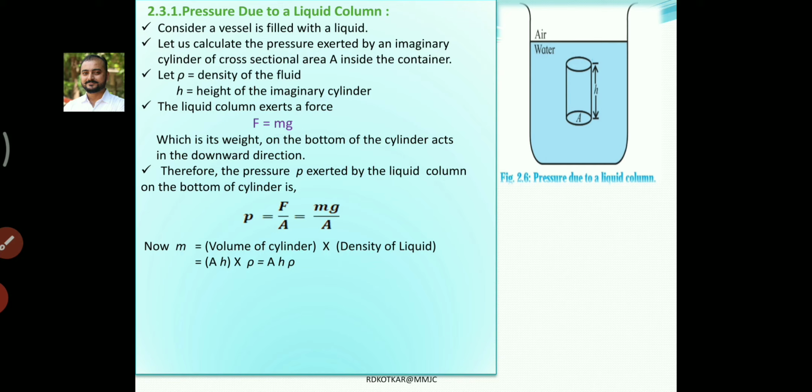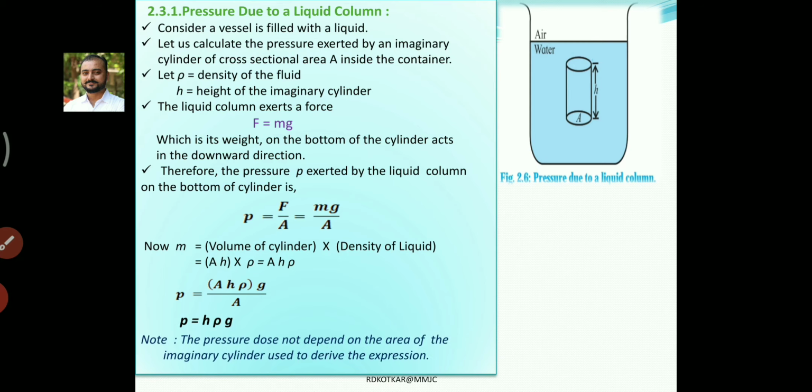Therefore we have the relation A into h into rho for the mass. Substituting this, we get P equals A into h into rho into g divided by A. As A gets cancelled, we have P equals h into rho into g. Thus the pressure does not depend on the area of the imaginary cylinder used to derive the expression.